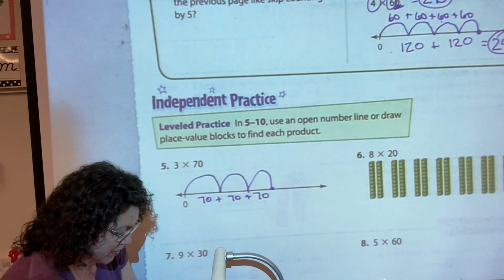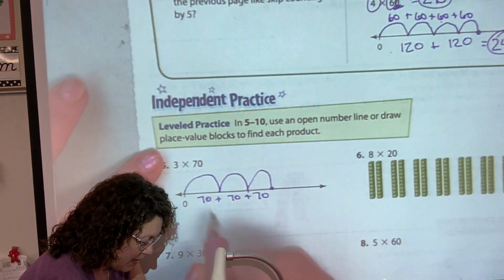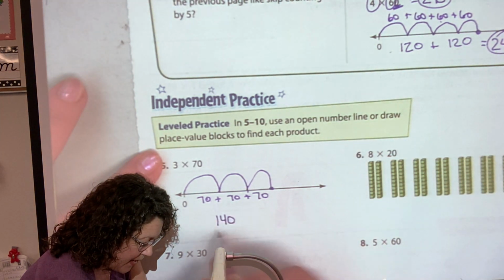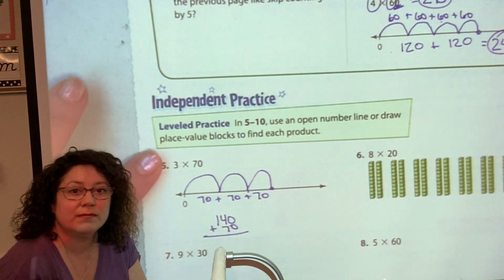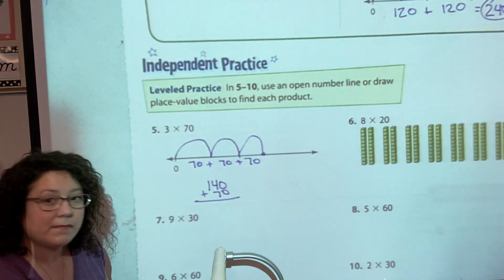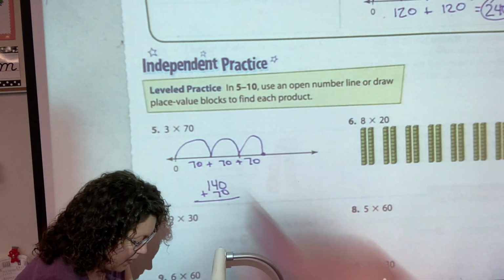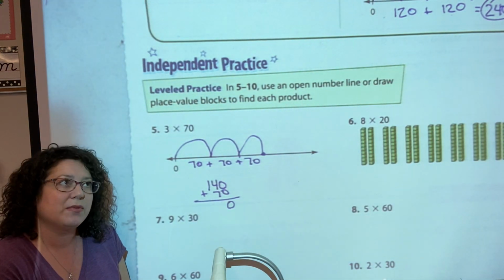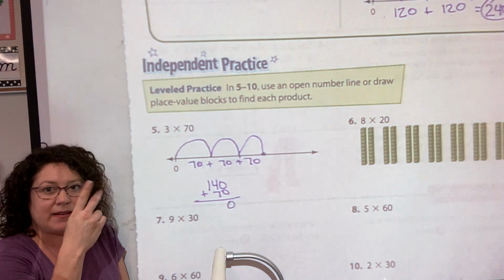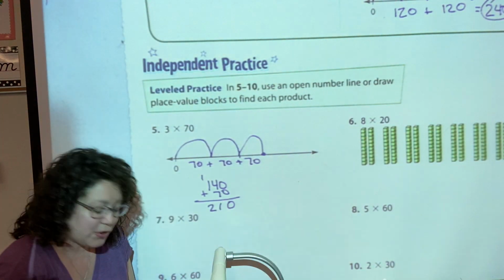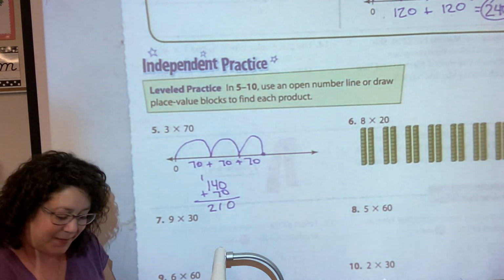Okay, so then I add those up. 70 plus 70 is 140, and then I have to add my 70 there. 0, 0, 0, 4 plus 7, or I say 7 plus 4 because I start at the big number, 7, 8, 9, 10, 11. Regroup. 210. Correct.